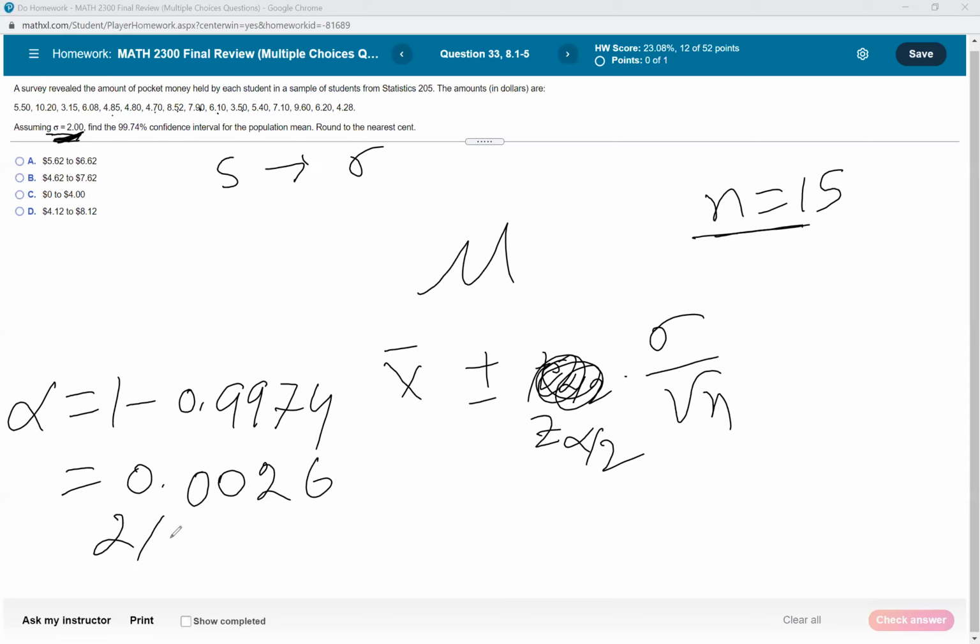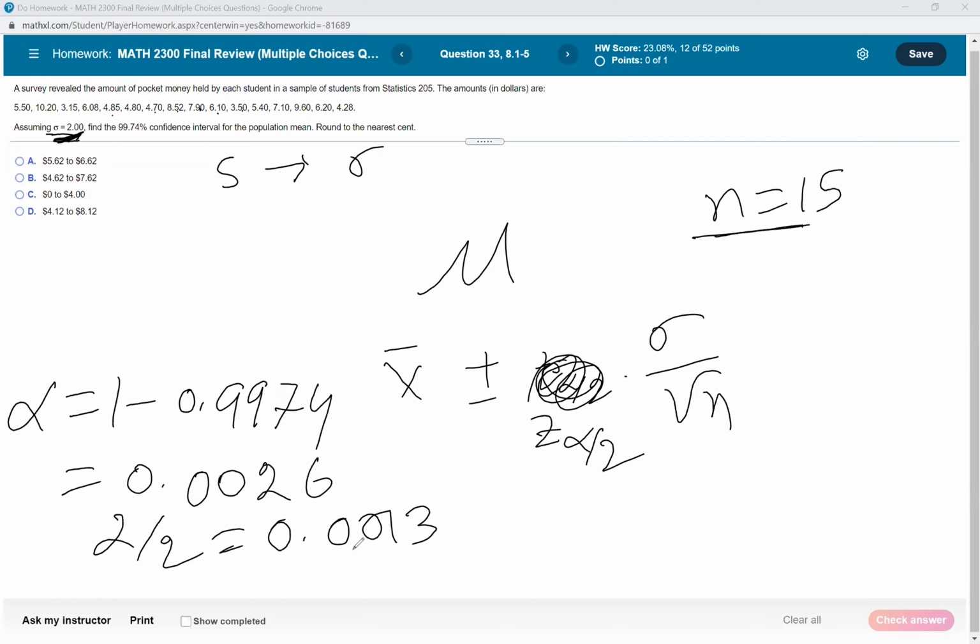So alpha over 2 will be 0.0013. You have to find the corresponding z score where the area is 0.0013.